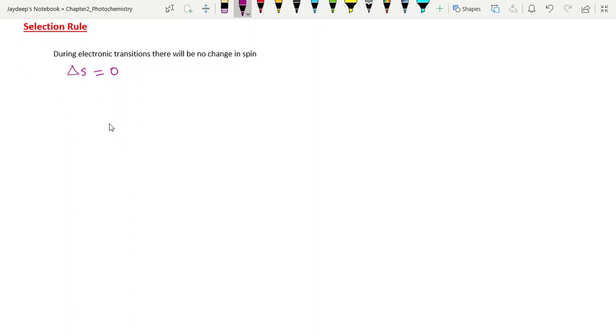Now how can it be 0? Suppose we consider a molecule having a singlet state and it goes into another singlet state. After absorption of energy the molecule shows a transition from singlet to singlet, which means both have the same spin according to the rule. So this is an allowed transition because both have the same spin.